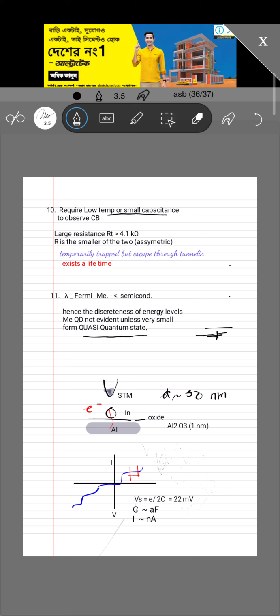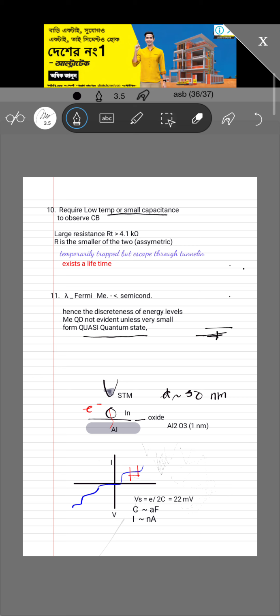So this is actually called a quasi-quantum state. The quasi-quantum state means that the boundness of the electron in a potential well or an energy level is for a finite amount of time.